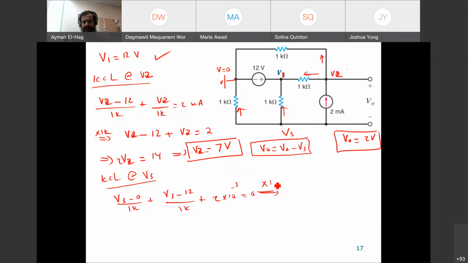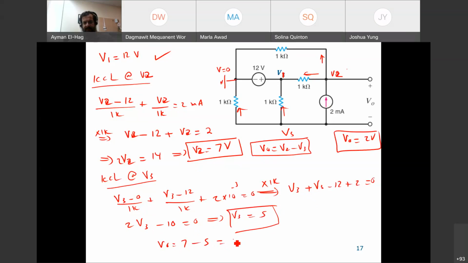Multiply everything by 1K. So this becomes V3 plus V3 minus 12 plus 2 equal to 0. So 2V3 minus 10 equal to 0, or V3 is equal to 5. V2 is equal to 7, so your V0 is equal to 7 minus 5, which is equal to 2 volt. So we get the same answer.